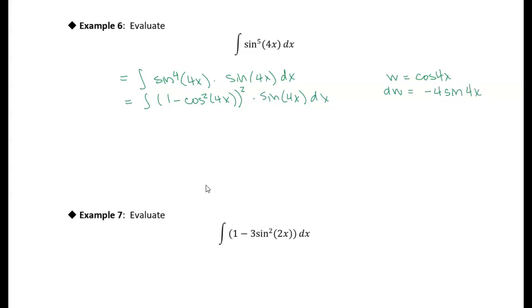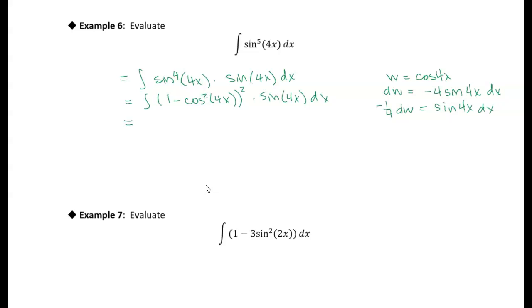Now, I'm going to divide both sides by -4, so I get -1/4 dw equals sine of 4x dx. So sine 4x dx is -1/4 dw.